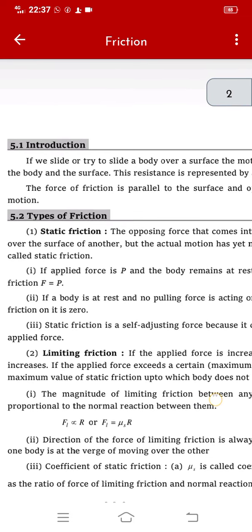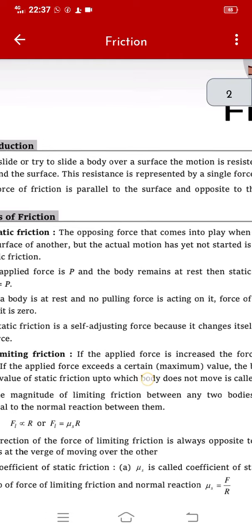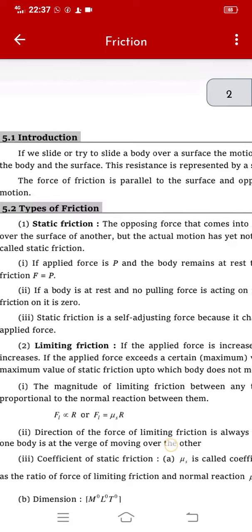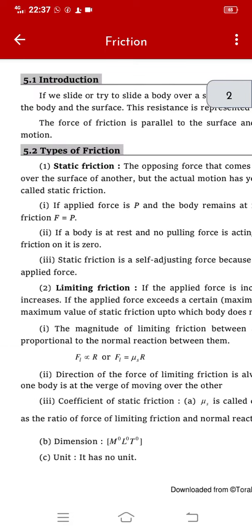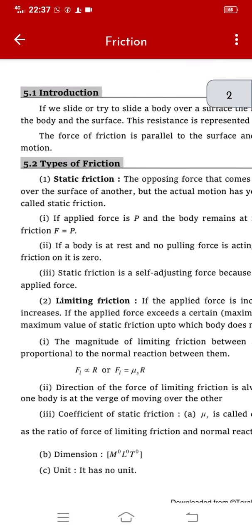For example, we have different aspects in which friction can occur. Friction can exist in solids and in liquids, but we are going to look at friction in solids before going to friction in liquids.